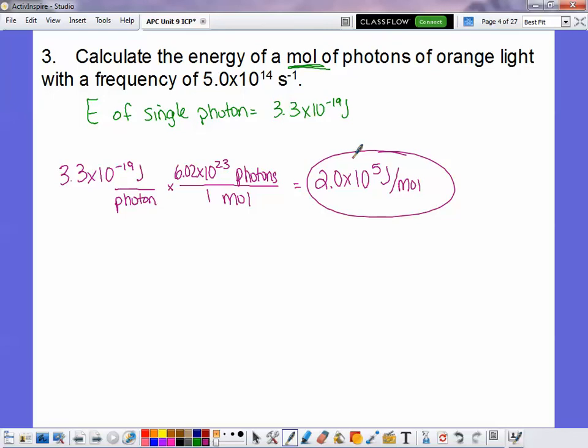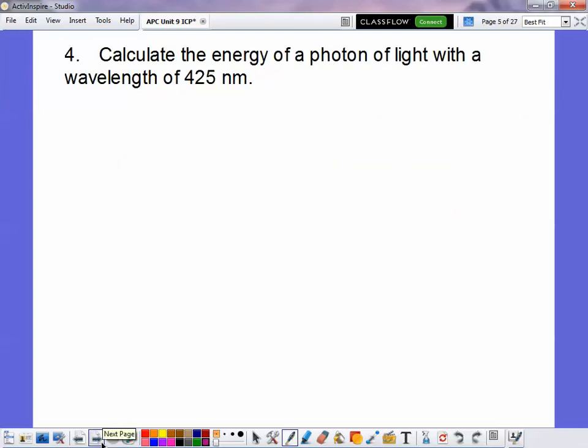Okay. So, number 4 is we want to know the energy of a photon of light. So a single photon, again, we're not going to do the mole thing, that has a wavelength of 425 nanometers. So wavelength, what symbol does wavelength get? Lambda.